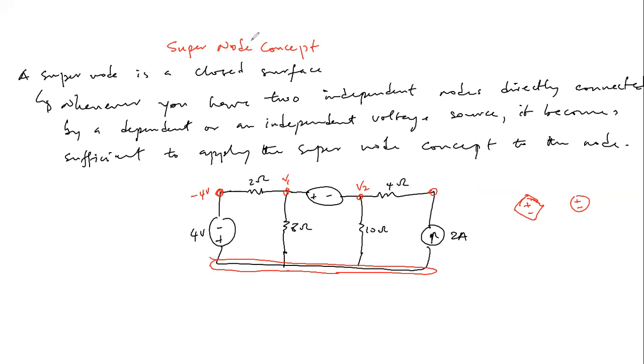Okay, and then we are able to designate this as our reference node, VREF. But here we have two node voltages, and an independent voltage source in between these parts. So this forms a supernode.